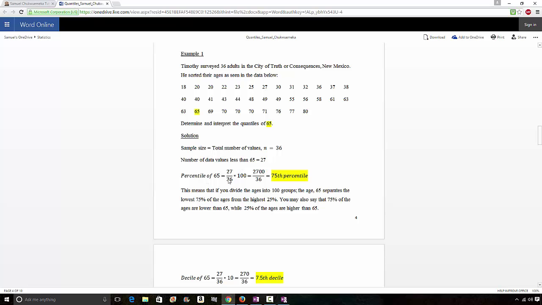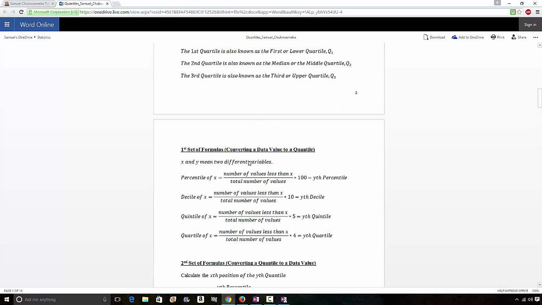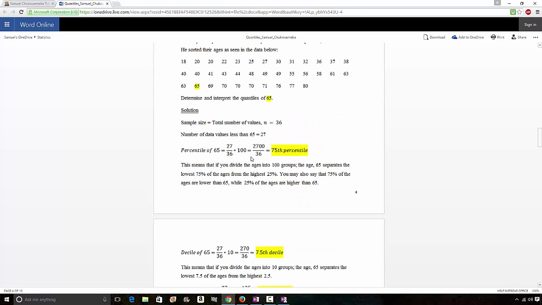So the percentile of 65 will be 27, because this means number of values less than x, divided by the total number of values, then times 100. So you do 27 out of 36 times 100. That gives you the 75th percentile. Let us interpret this.